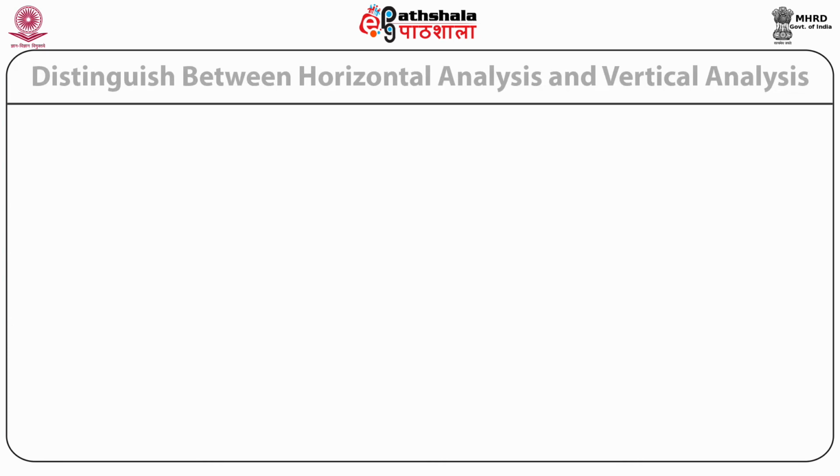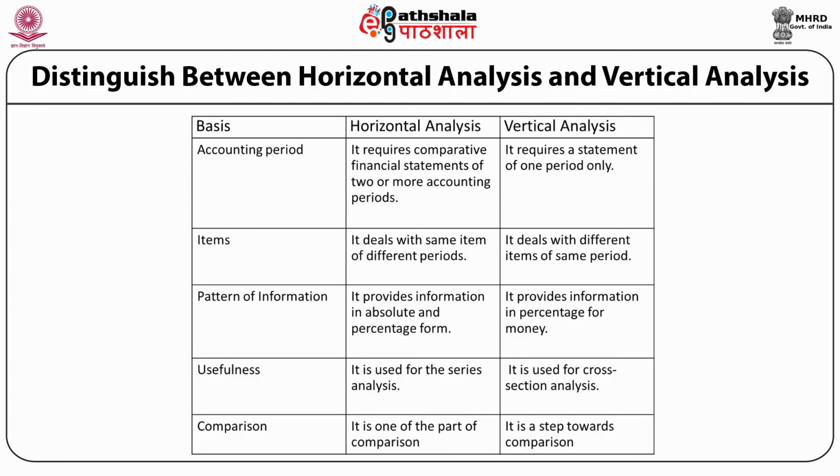Distinguish between horizontal analysis and vertical analysis on the basis of accounting period. Horizontal analysis requires comparative financial statements of two or more accounting periods, whereas vertical analysis requires a statement of one period only. Second point of difference, on the basis of items.